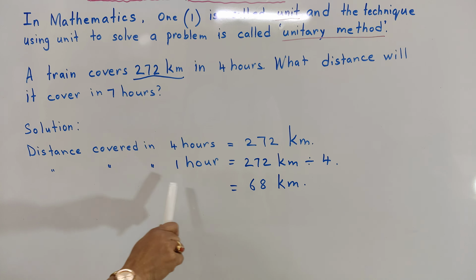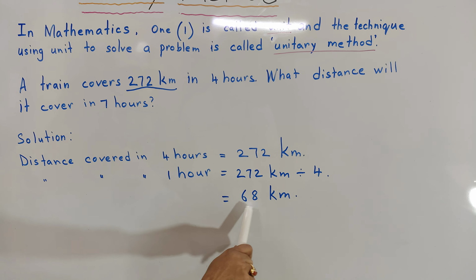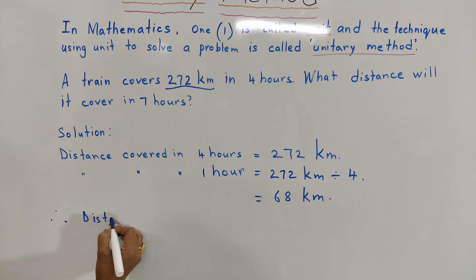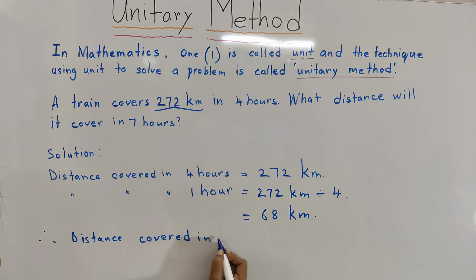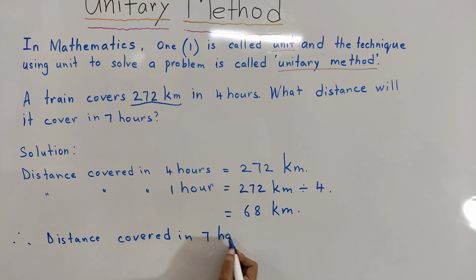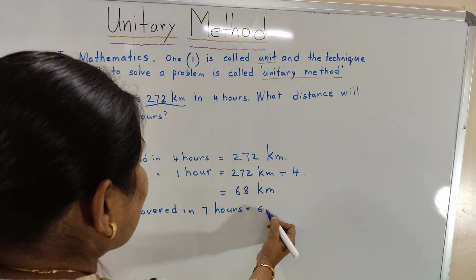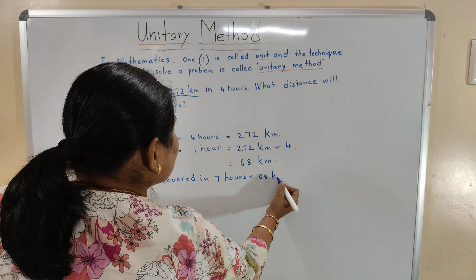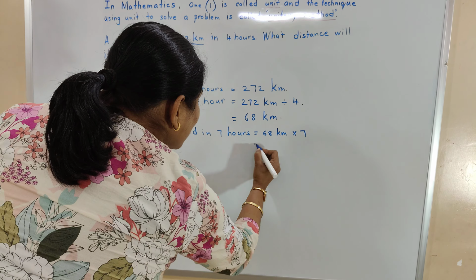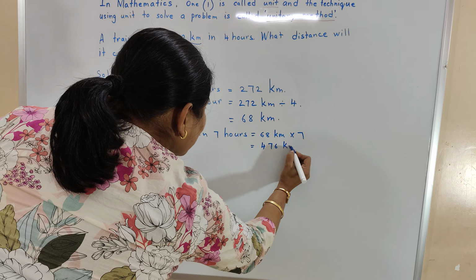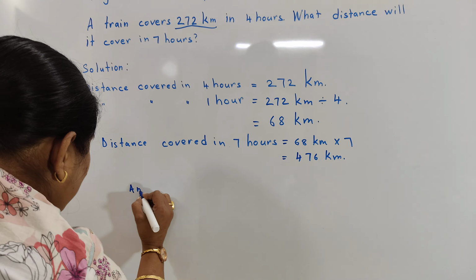We know distance covered in 1 hour is 68 kilometers. Therefore, distance covered in 7 hours. So for that we need to multiply 68 kilometers into 7 is equal to 476 kilometers.